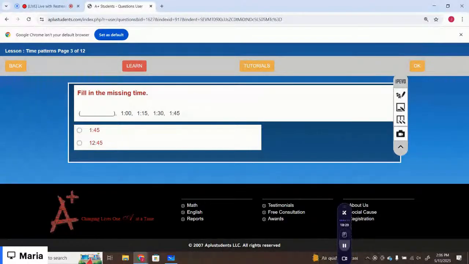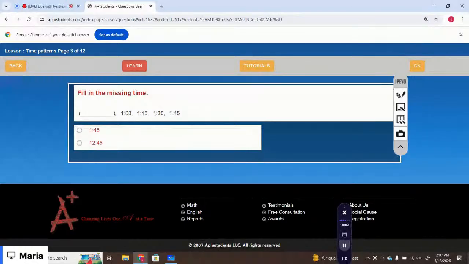Fill in the missing time. The missing time, 1, 1:15, 1:30, and 1:45. So which is the correct option? 1, 1:15, 1:30, 1:45.